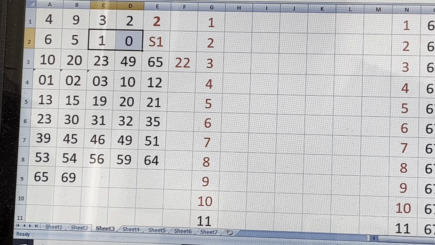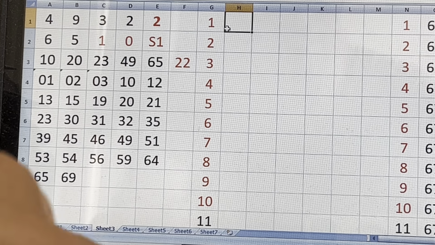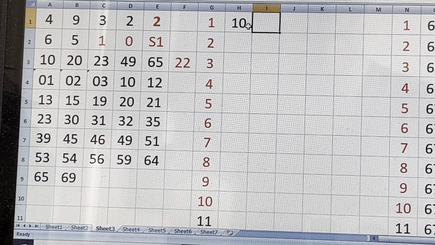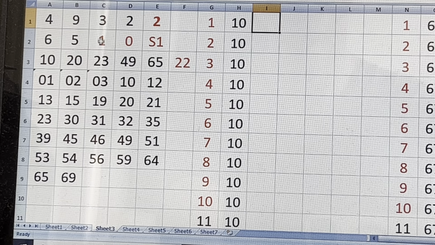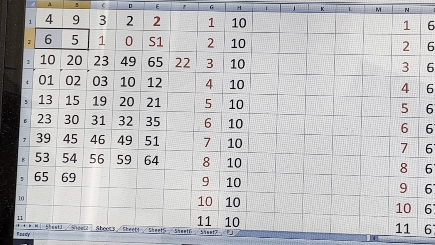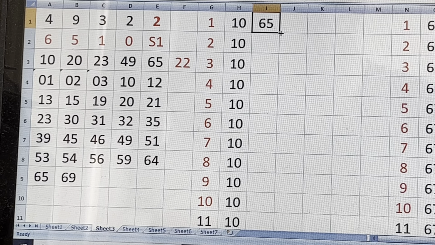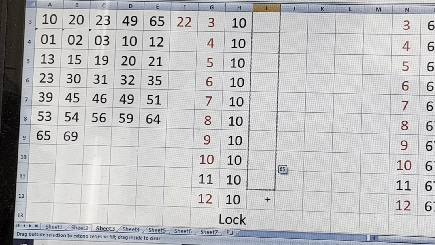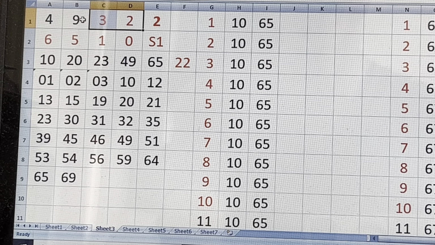Remember, you can use every single digit once. So if I use this 10 once, I want to use maybe 65 once. Maybe I want to use the 23 next, and the 49 also next.